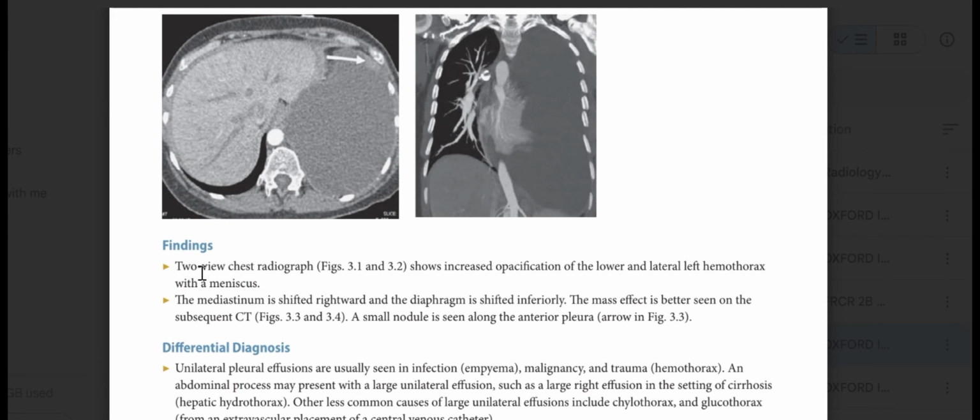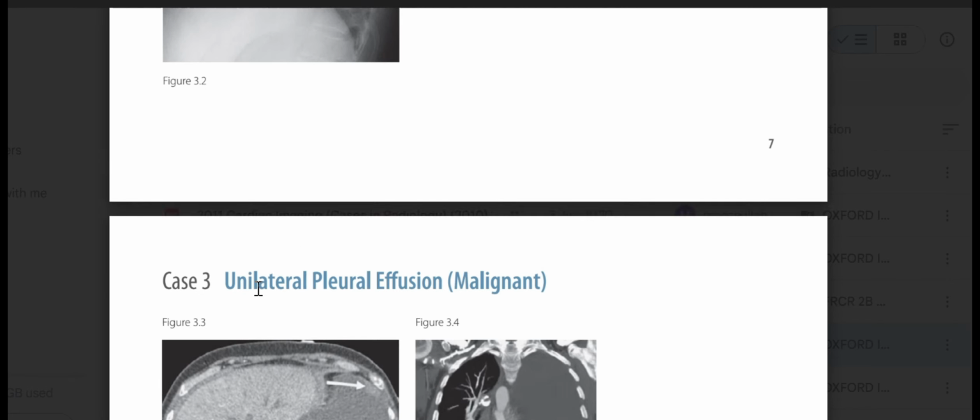The chest X-ray, two views, shows increased opacification of the lower and lateral left hemithorax with a meniscus sign. This meniscus sign indicates pleural effusion.